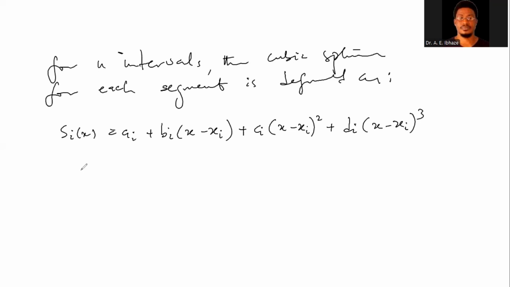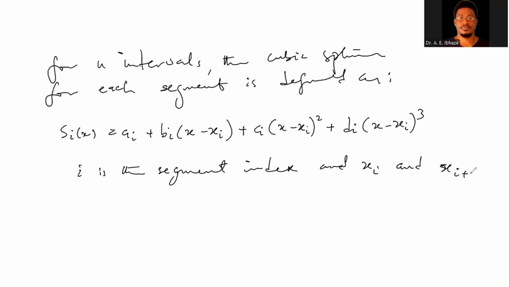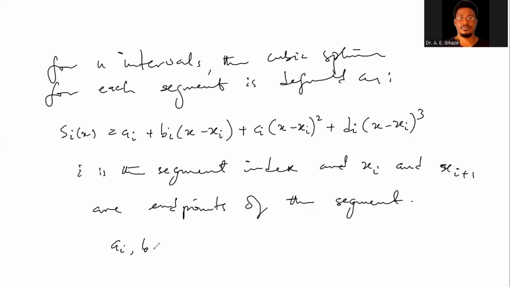In this case, i is the segment index, and then x sub i and x sub i plus 1 are endpoints of the segment. So in essence, we will have to solve for a sub i, b sub i, c sub i, and d sub i for each segment.